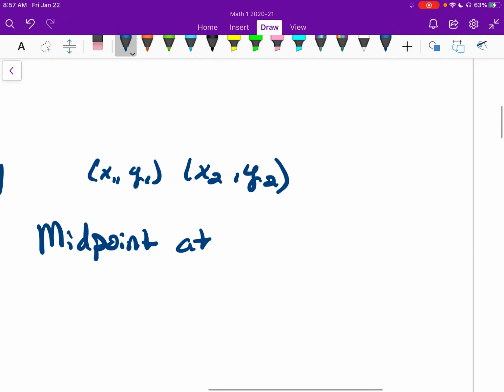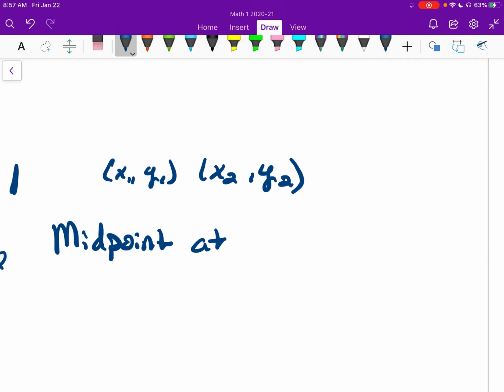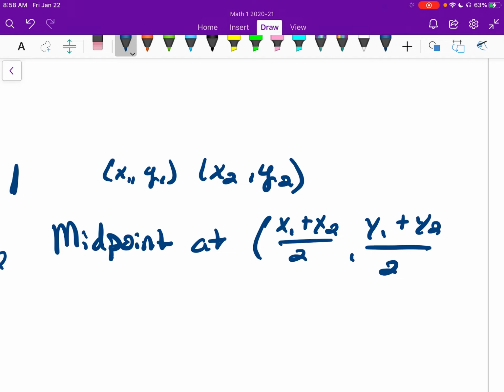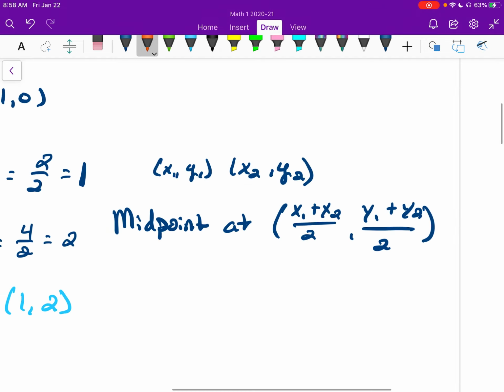If we have those 2 points, then the midpoint is at x1 plus x2 over 2, that's just the average, and then y1 plus y2 over 2. All we're doing is finding the average of both coordinates, the x coordinates together and the y coordinates together.